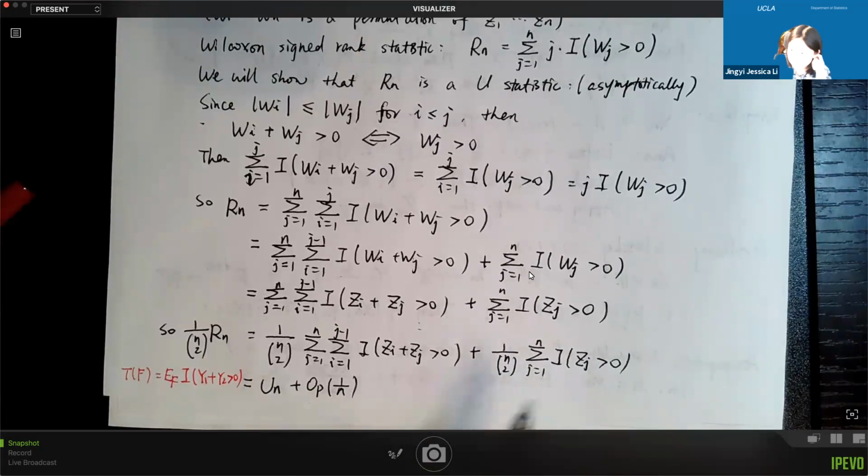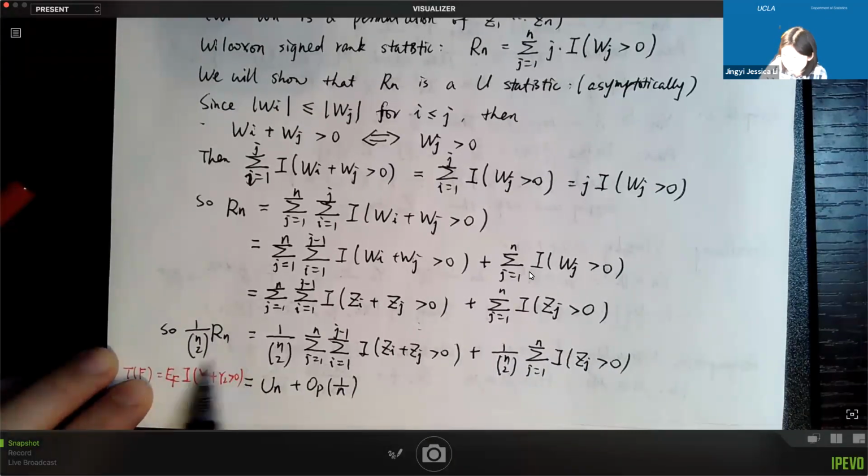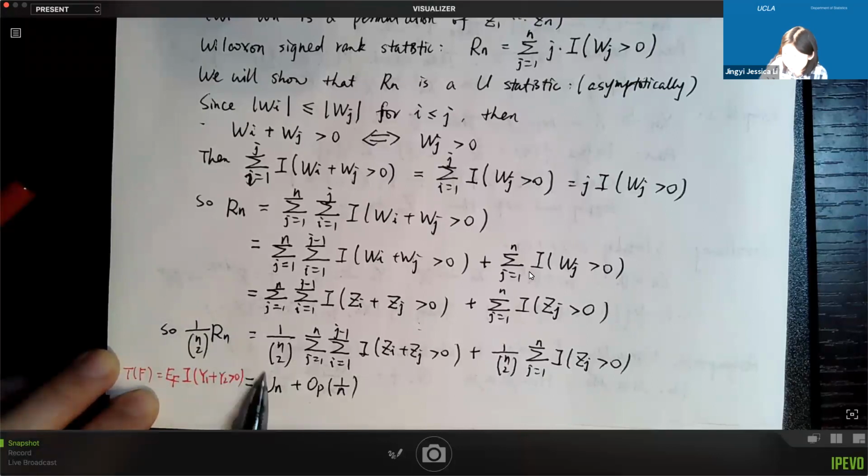So asymptotically, Rn divided by n choose 2 is equal to Un, because the other term goes to 0 in probability.